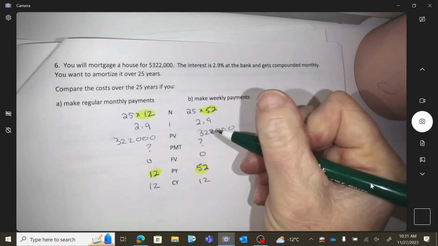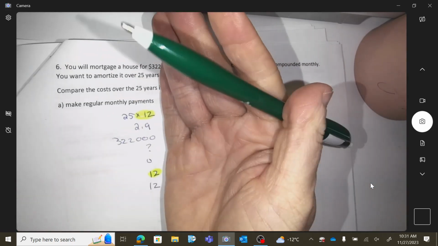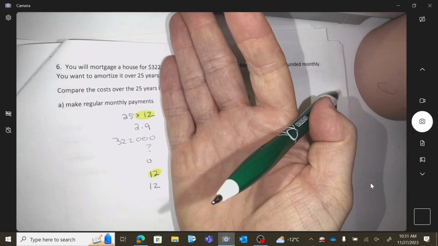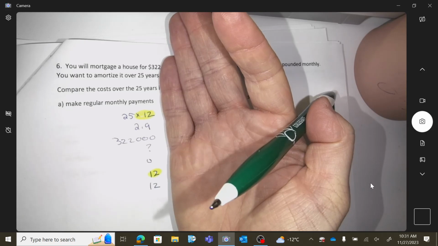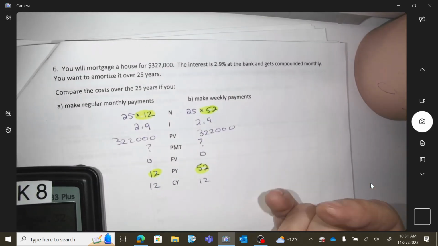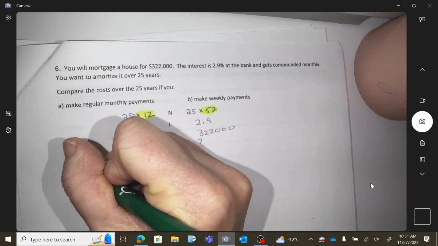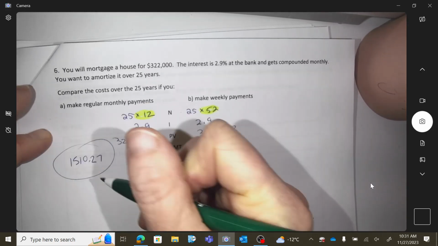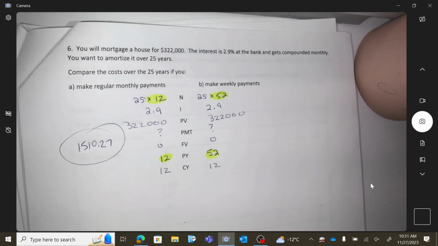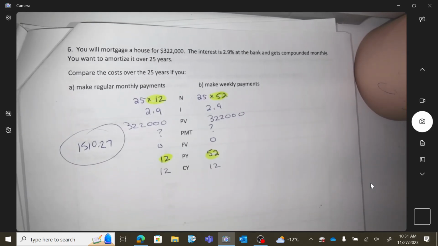Okay, so let's just do A. Just give me A, because we're going to have to keep that number and work on comparing the costs. So give me A. $15.10.